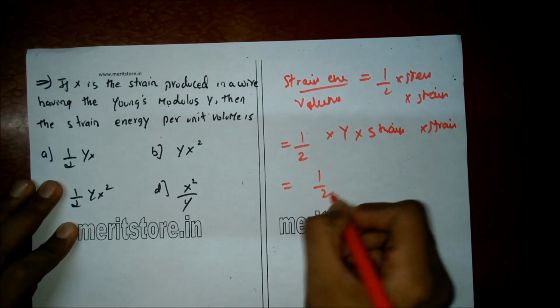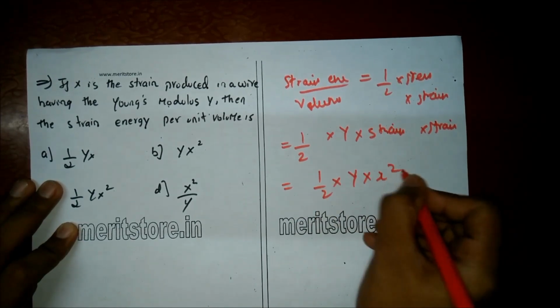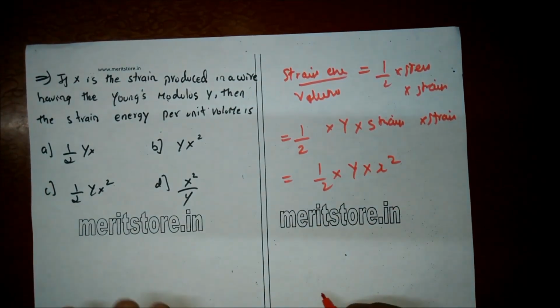Therefore this is equal to half into Y into x square. Therefore, here the correct answer will be option C.